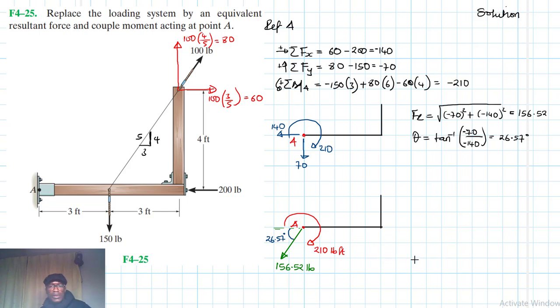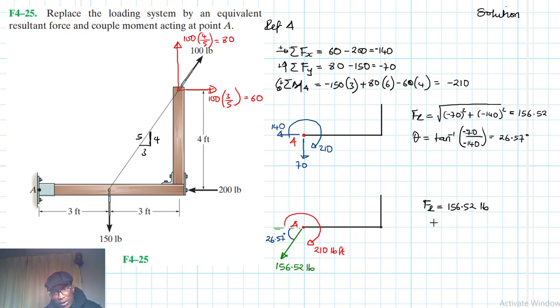Right. So this is really about it. We have an equivalent resultant force, F_R equal to 156.52 pounds, and this is the resultant, of course, we've shown it.